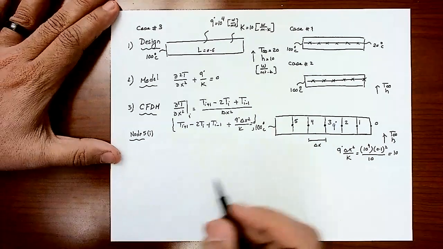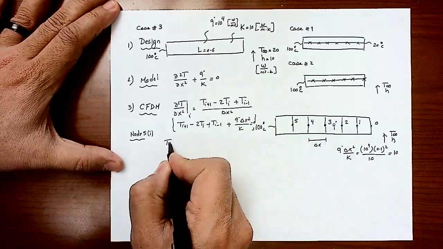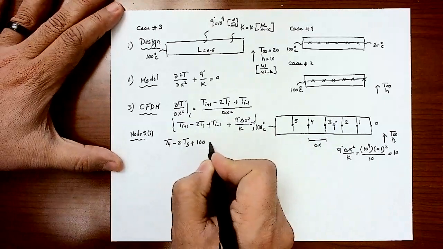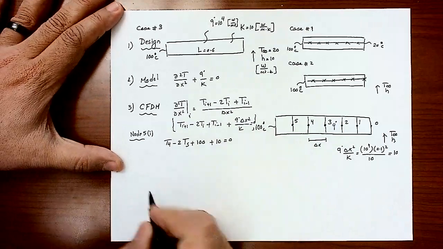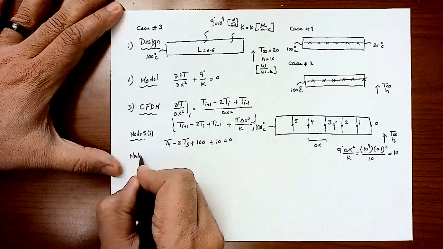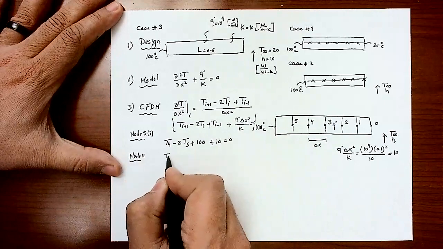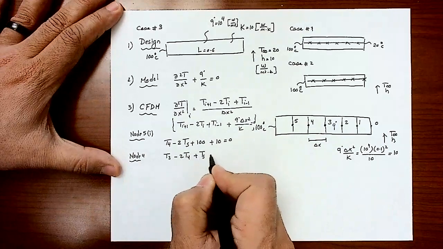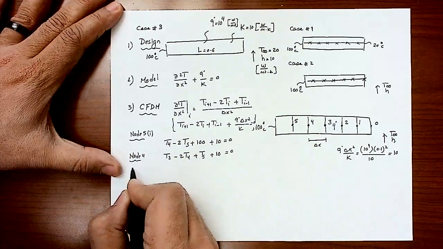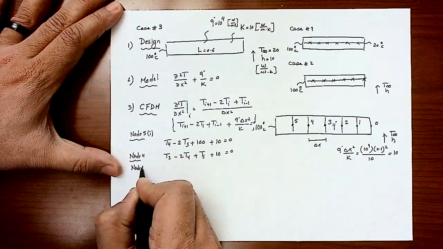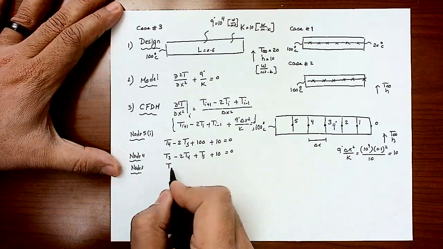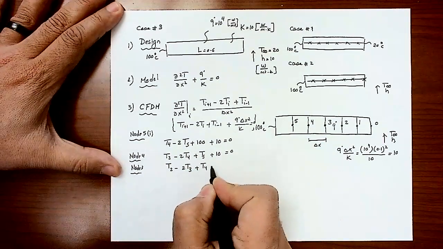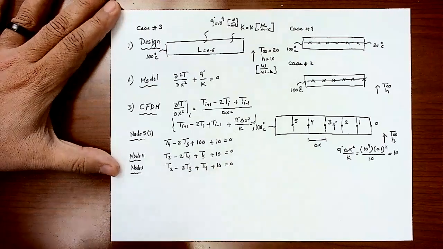So if I go for node number 5, the equation will be T4 minus 2 T5 plus 100 plus 10 equal 0. For node number 4, it's going to be T3 minus 2 T4 plus T5 plus 10 equal 0. For node number 3, it's going to be T2 minus 2 T3 plus T4 plus 10 equals 0.